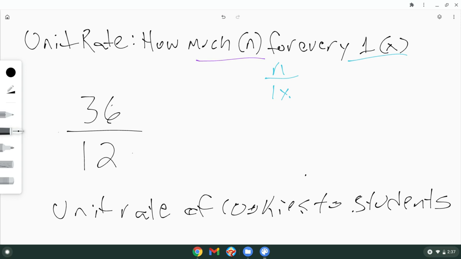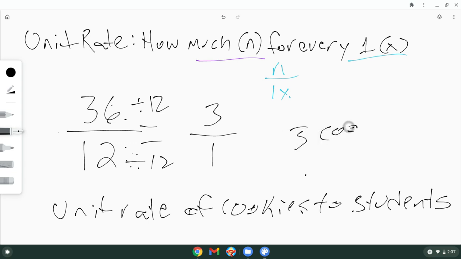I don't know where it seemed to have a dead spot. So what I'm going to do is either divide 36 by 12, or divide them each by 12, right? Because I need to get that to 1. Divide that by 12, that's going to be 3. So the unit rate is 3 to 1, or 3 cookies to 1 student. Okay.